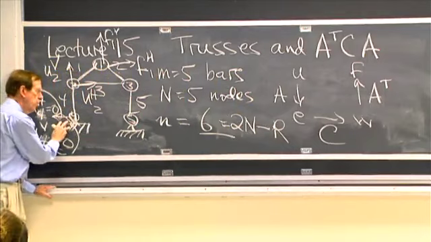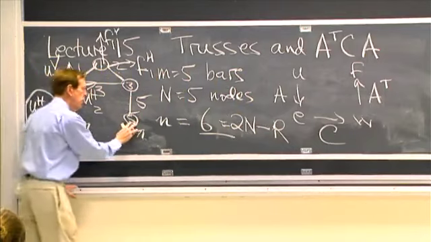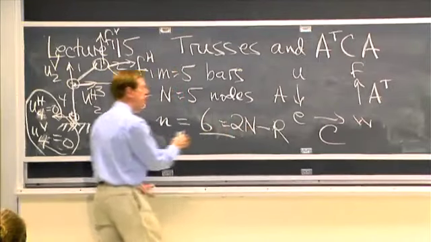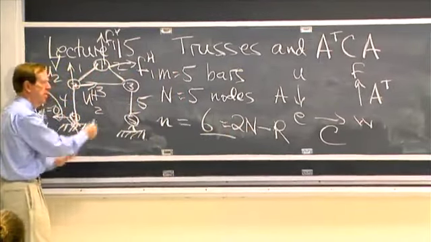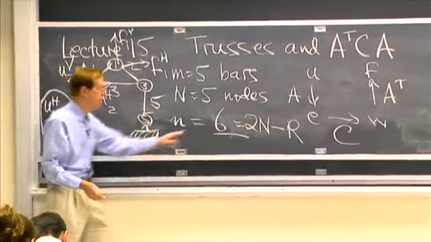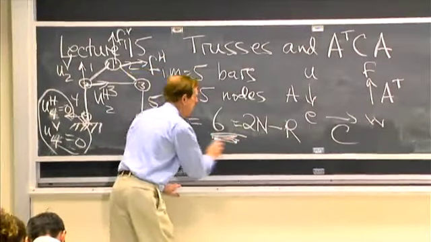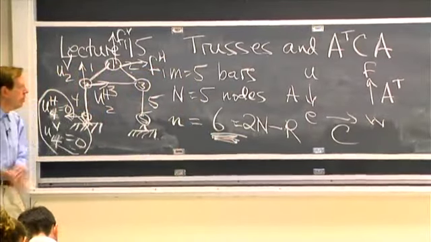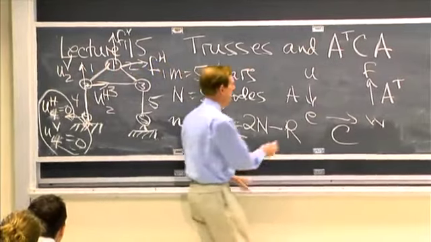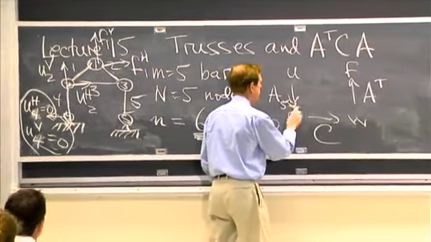So this would be 2 times 5, 10 possible displacements, but R counts the number of fixed displacements, 4, and leaves us with 6. So my matrix A will now be, it's always m by n, 5 by 6.